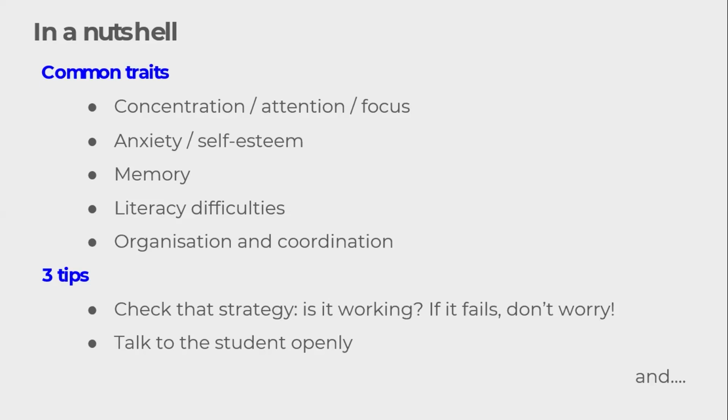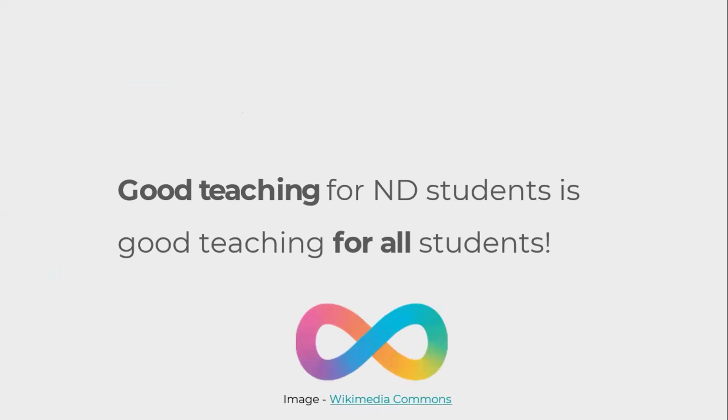It is not the end of the world. Change the strategy. Go for something different. Have an open, honest conversation with the student and decide how to go on. And the last, remember that good teaching for neurodivergent students is good teaching for all our students. All these strategies work well with all of them.